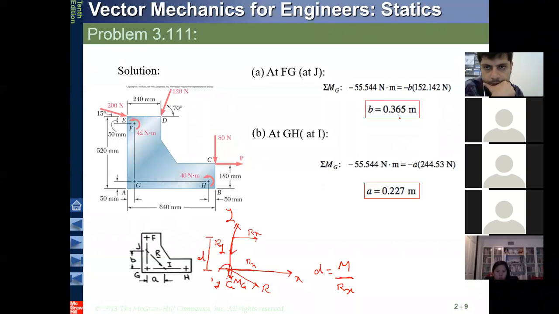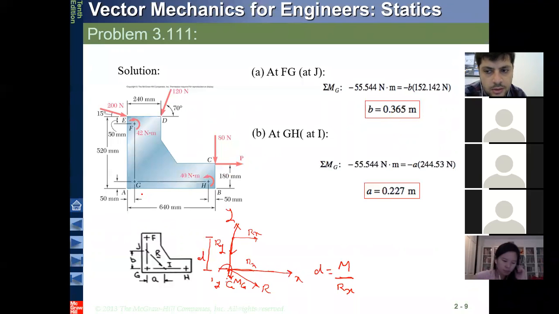And then R of X here is going to exert a clockwise moment, so the resultant moment should be negative. So we have a negative here. And B could be derived as 0.365 meter.